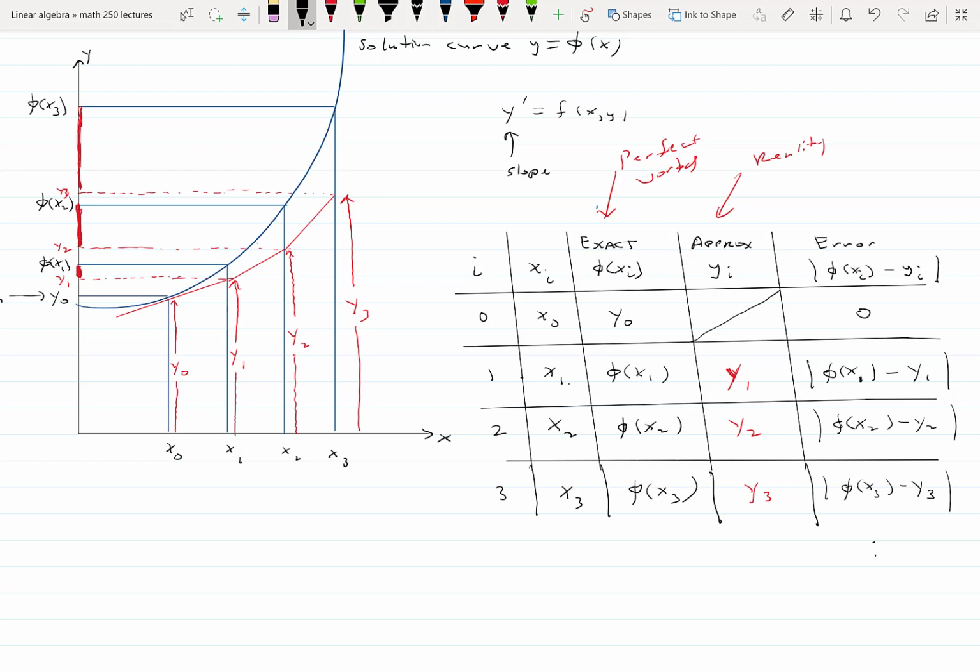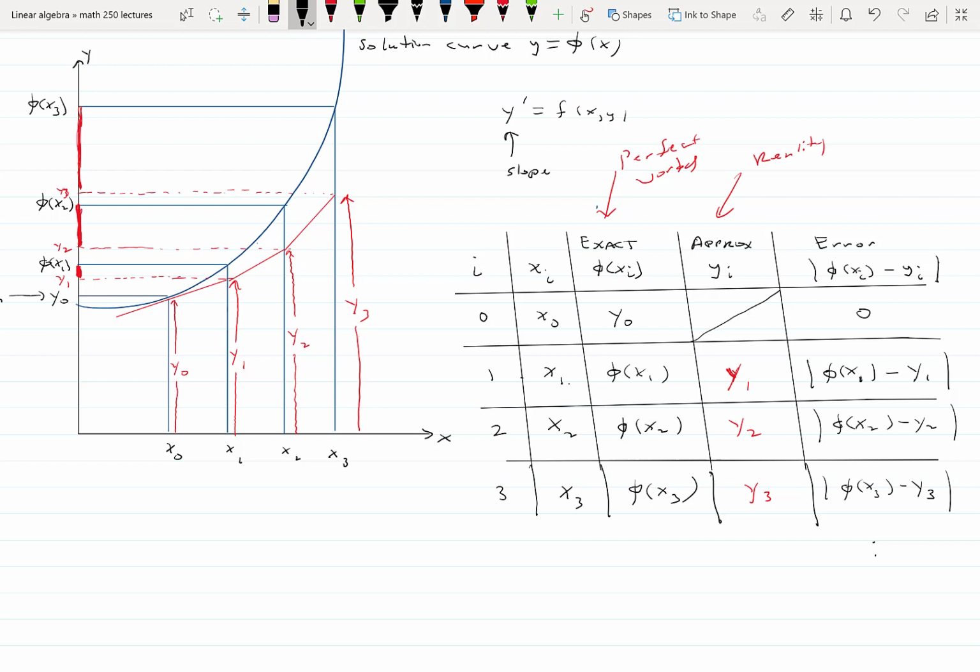There are better methods. This method uses lines to estimate the true solution curve. If we bent those lines up and used parabolas, sort of the kind of thinking we did with Simpson's rule in Calc 2, we might get better results.